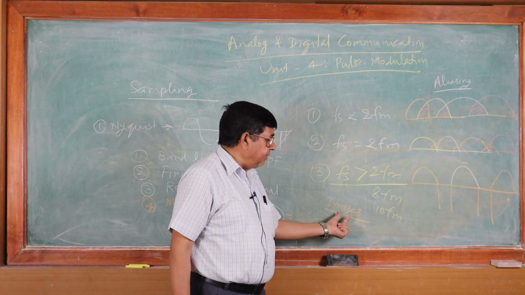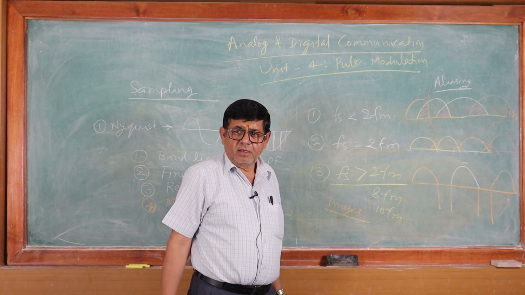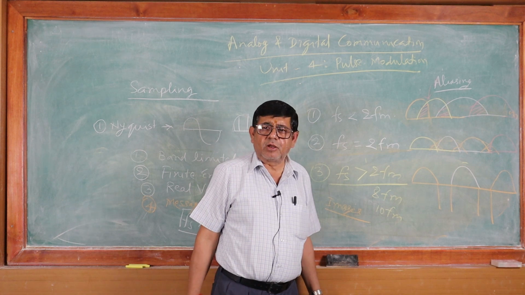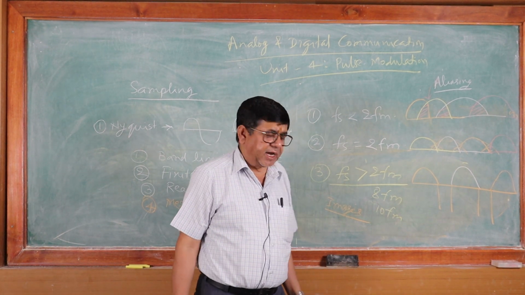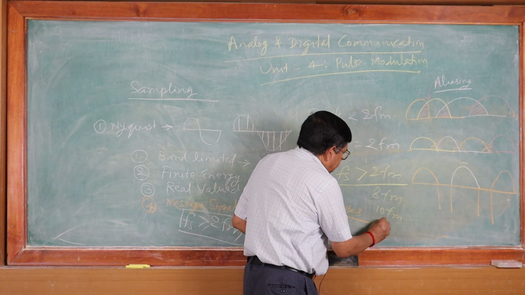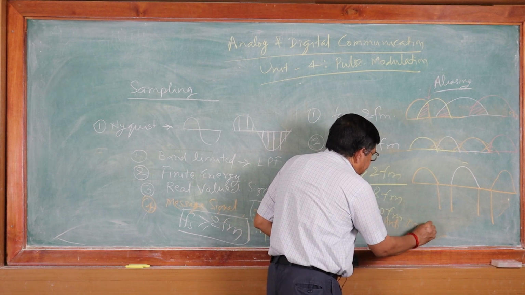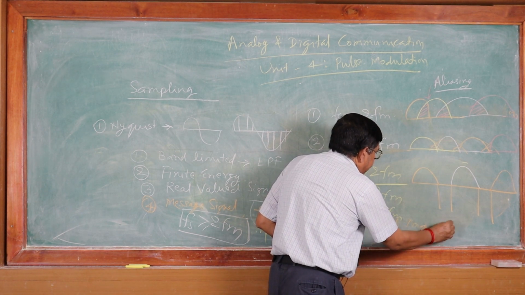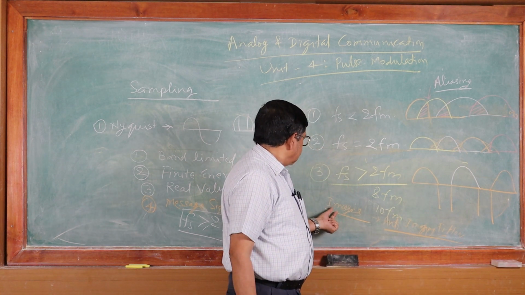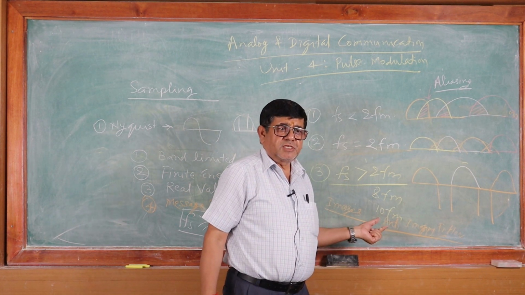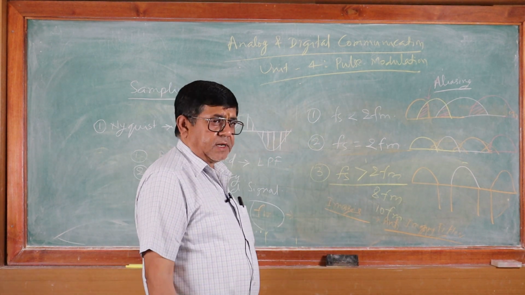And in order to nullify the effect of the images, what should we do? We should use a filter with a high quality factor. Should the quality factor be high or low? High. The quality factor should be high. So we have to use an anti-imaging filter, which will filter out the images formed because of the high sampling rate.